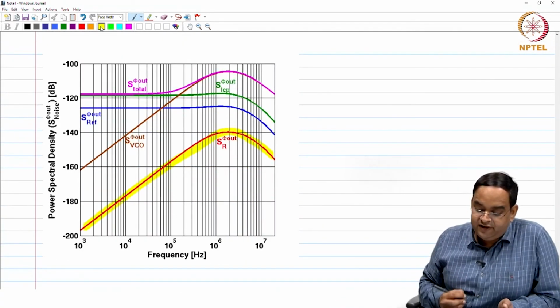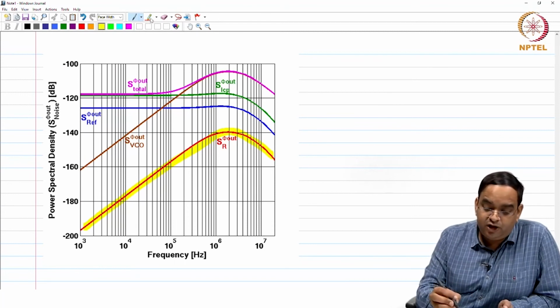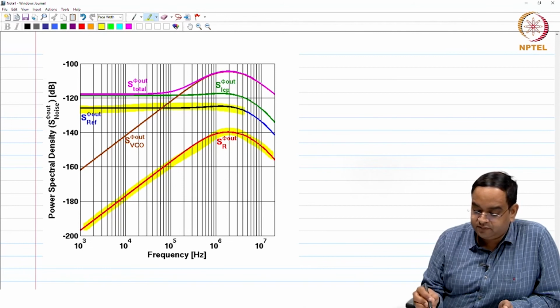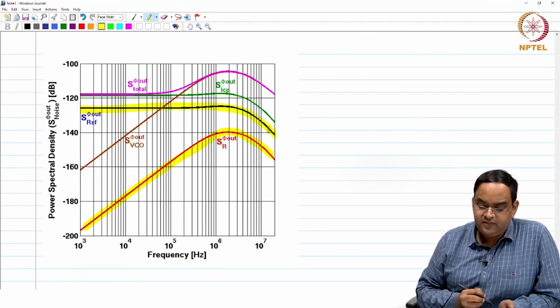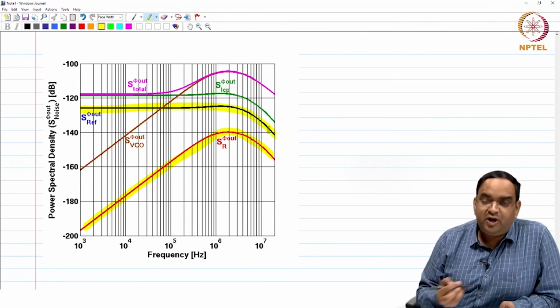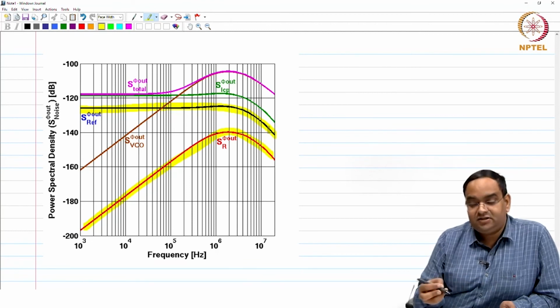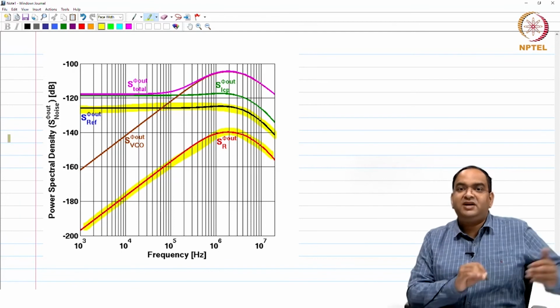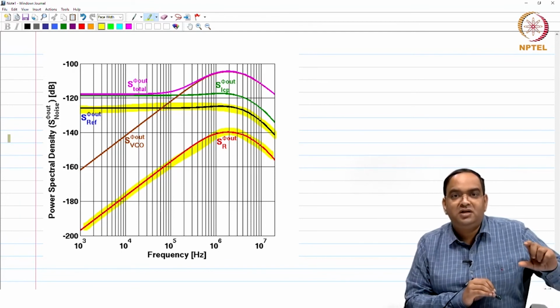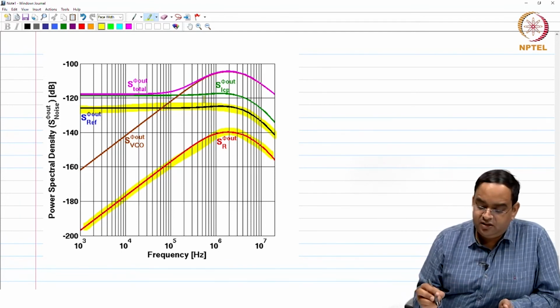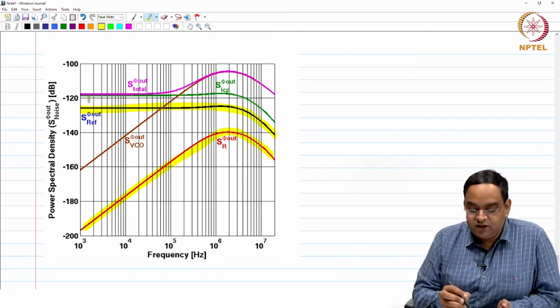Now, look at the reference noise. Depending on what noise we have, the reference noise will also be low pass if it is flat. The charge pump noise, the current noise, is normally flat, as we have talked about. We have not talked specifically about the charge pump noise, but the current element which you have there has flat noise, and it turns out the charge pump noise spectral density is also flat.